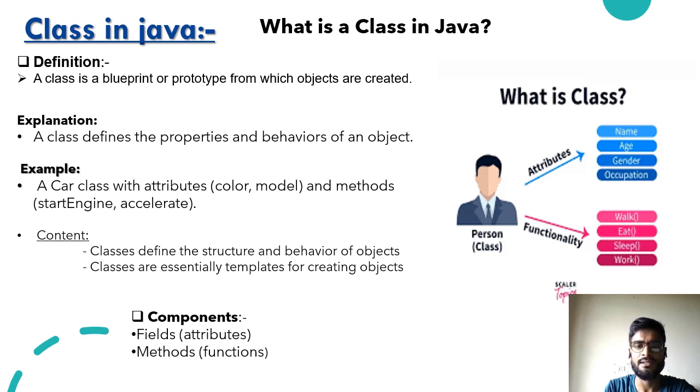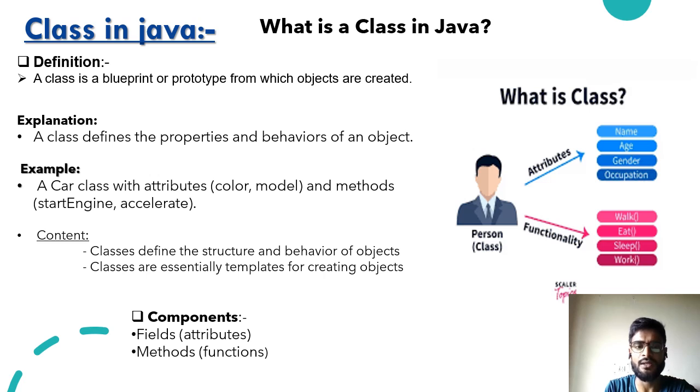As an example, you can see a car class with attributes color and model, and methods which contain the engine, start engine and accelerate. In the content part, you can see classes define the structure and behavior of objects. Classes are essentially templates for creating objects.